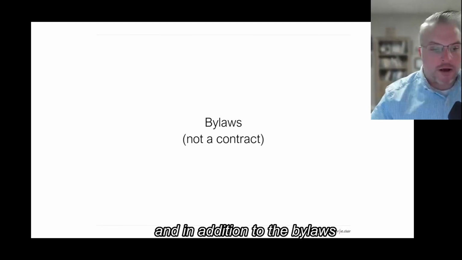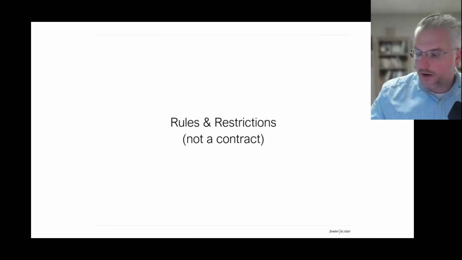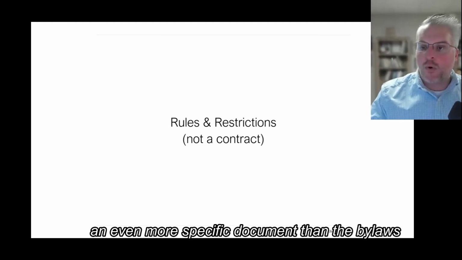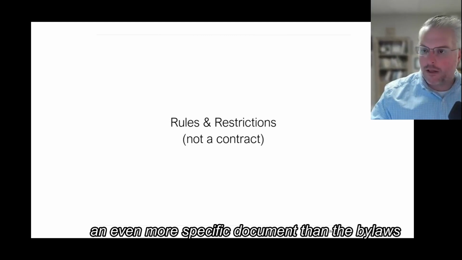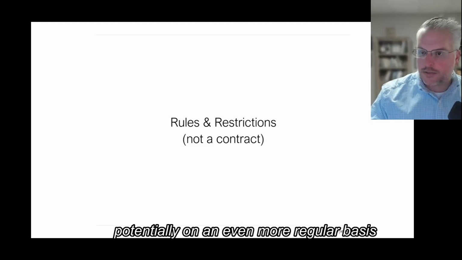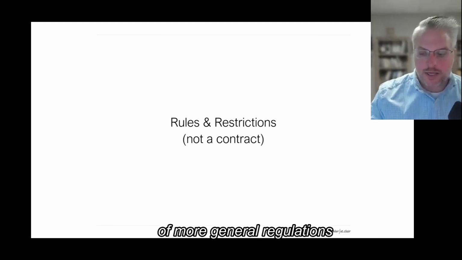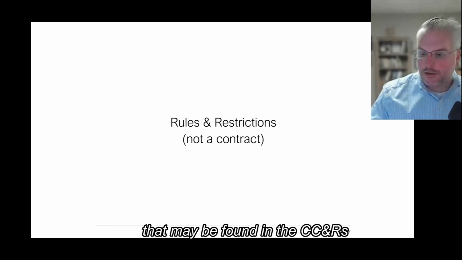And then in addition to the bylaws, you may also have rules and restrictions that are passed. This is an even more specific document than the bylaws that is amended potentially on an even more regular basis to include very specific details of more general regulations that may be found in the CC&Rs.